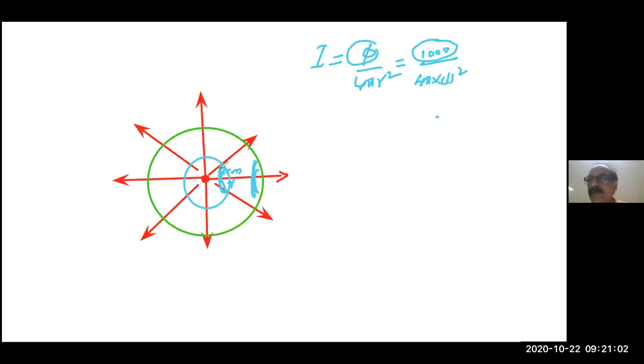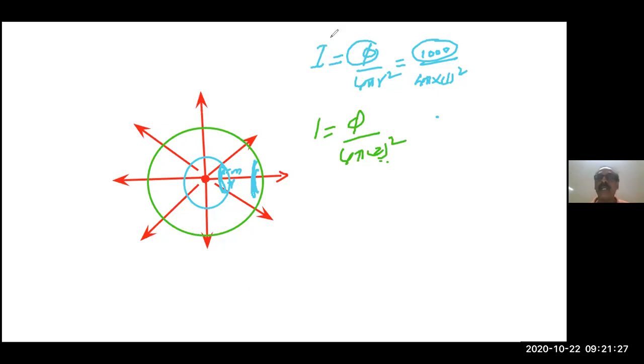So here we can say intensity is equal to total flux by 4 pi 2 squared. That means intensity decreased 4 times, isn't it? It is enclosing the same amount of flux, but as the distance increases, brightness decreases 4 times.